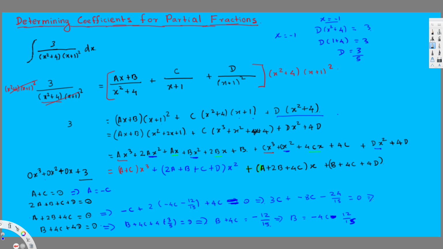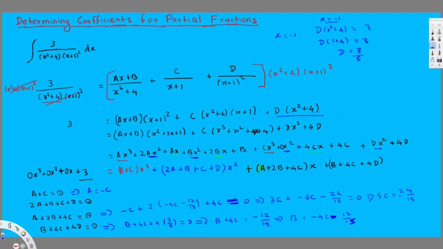So we have 5c equal to 24 over 15. Let's see, we have minus 8c right here, 3c minus 8c is minus 5c.